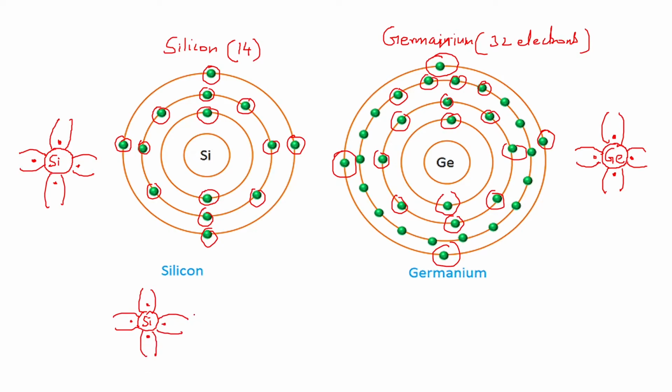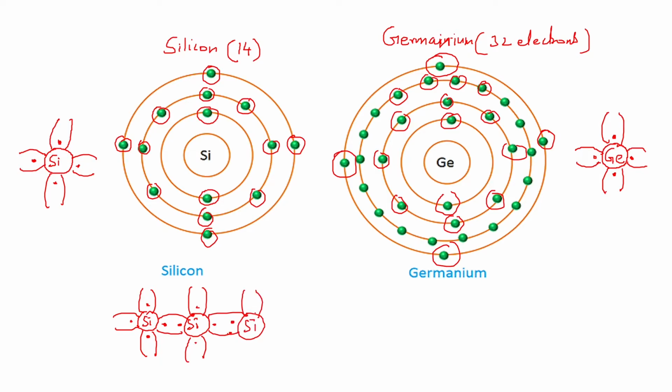Now if there is another silicon atom adjacent to that, then the valence electron of that silicon atom will make a bond with the valence electron of the earlier silicon atom. Similarly here, and similarly here. Like this, bondings will take place. Again you can have a silicon atom here, and here it will have its valence electron.